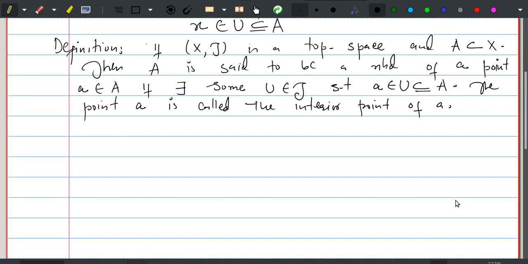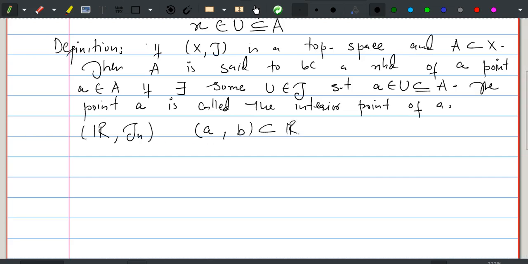If we look at the open interval (a, b) in the topological space R with the usual topology, then this (a, b) is a subset of R, and this open interval is a neighborhood of each of its points. To prove this, say we are given a point x in the interval (a, b). This means a is less than x is less than b.